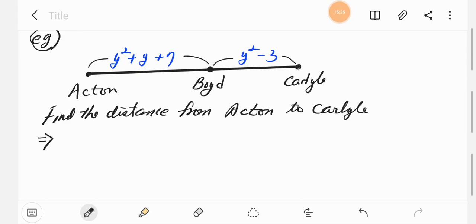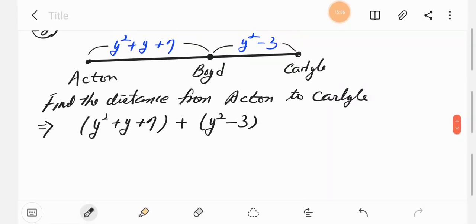So the total distance will be the sum of these two expressions. So it will be y squared plus y plus 7, which is the distance from Acton to Boyd, and then add y squared minus 3 to the first polynomial. So the sum of these two polynomials will be the distance from Acton to Carlisle.